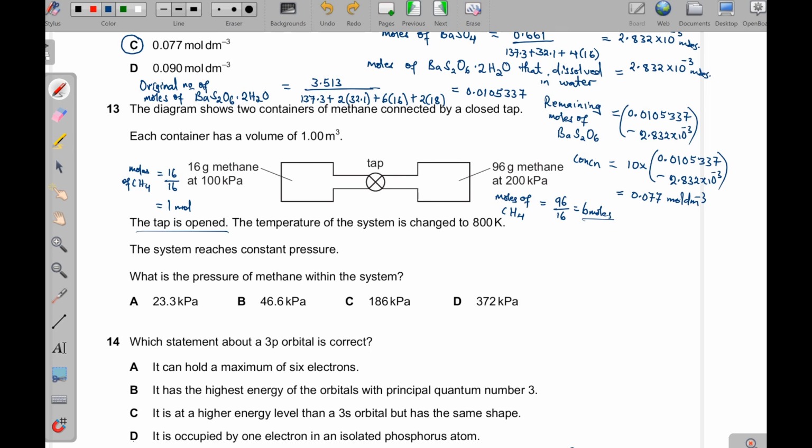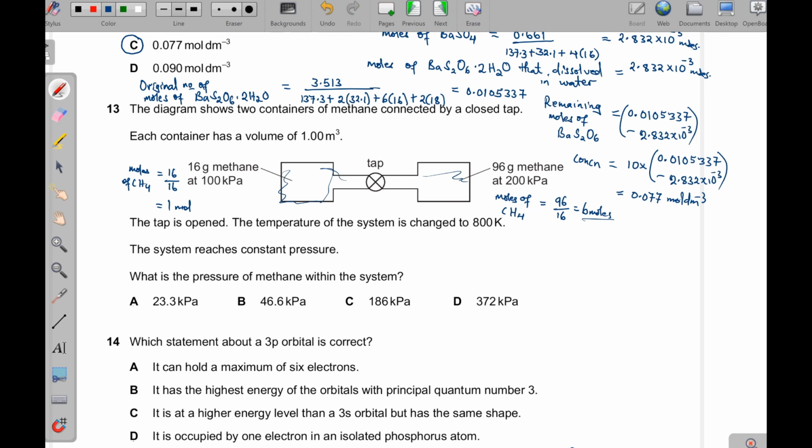Whole volume. So the tap is open, the temperature of the system is changed to 800 K. The system reaches constant pressure. Now when you increase the temperature, that means these gas molecules are going to get energy, and then they are going to start moving faster. Then the collisions are going to be much more often onto the walls of the containers.